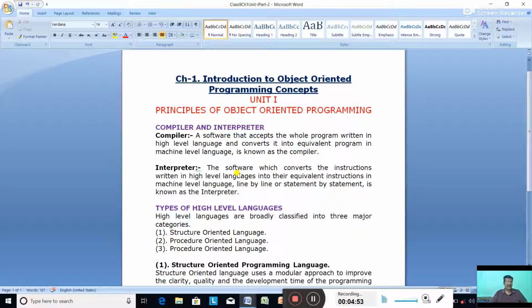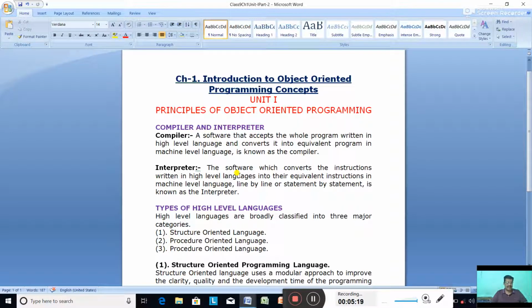First, the compiler converts the whole source program into the object program at a time. The interpreter converts the source program into the object program one line at a time. Okay, so it is slow and the compiler is fast. Second, the compiler displays the errors for the whole program together after compilation. After compilation, it displays all the errors.